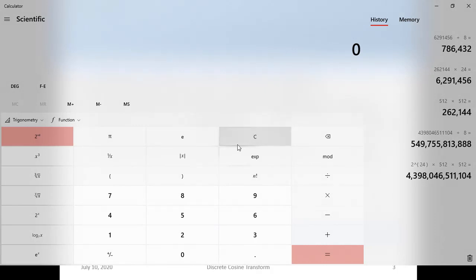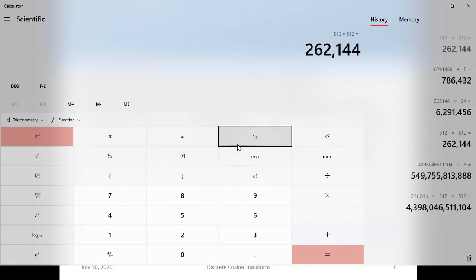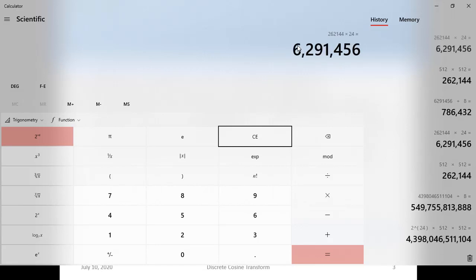Let me clear this. So I have 512 into 512. This comes out to be 262,144 pixels. Each pixel is represented by 24 bits of information representing colors. So this represents 6,291,456 bits.